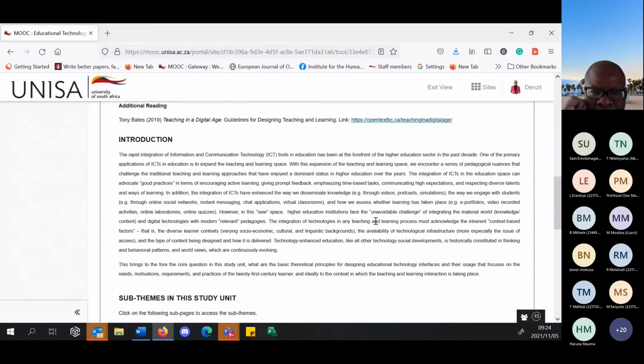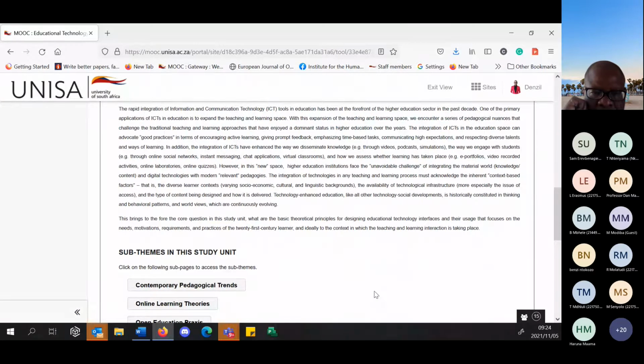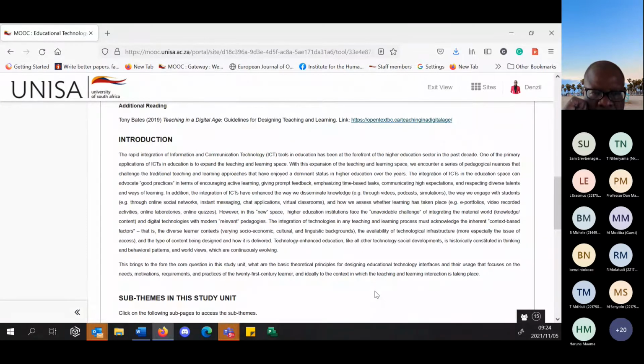So let us look at where we are moving today. Firstly, we know that information communication technology tools have really changed the higher education landscape. And one of the things that we know more critically about the space is that higher education is playing catch up to some extent, because much of the corporate companies are actually dictating the pace at which technology is advancing.